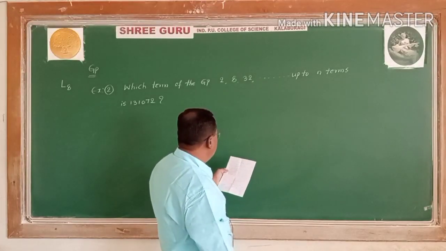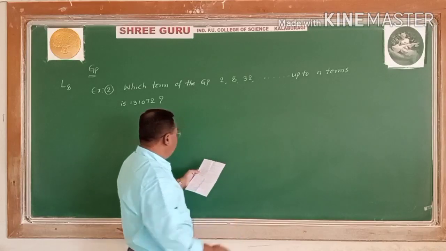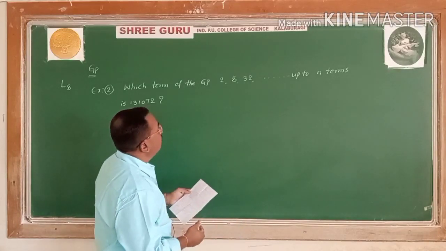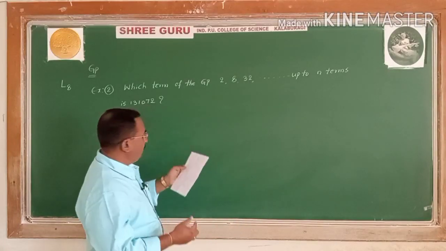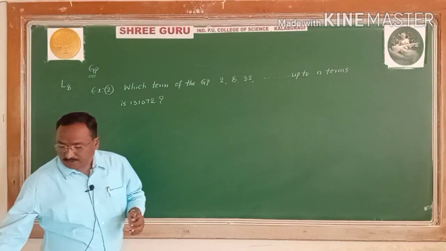Which term of the GP up to n terms is 131072?